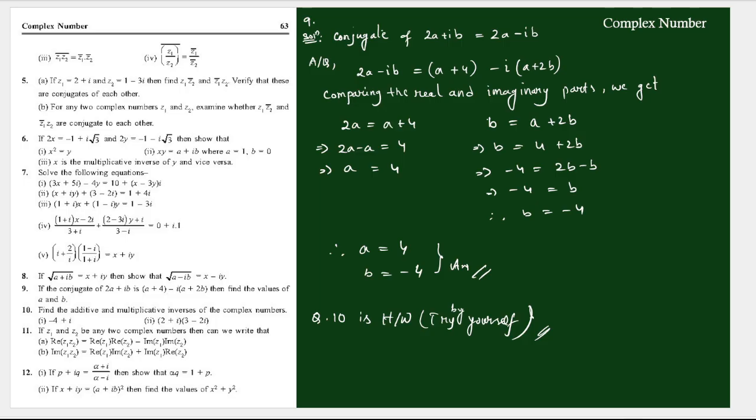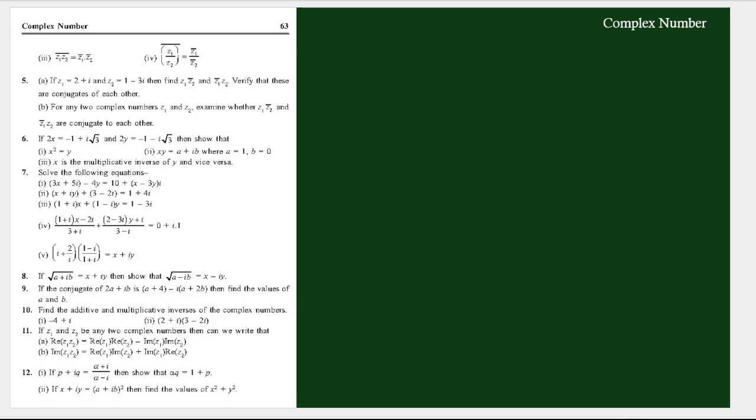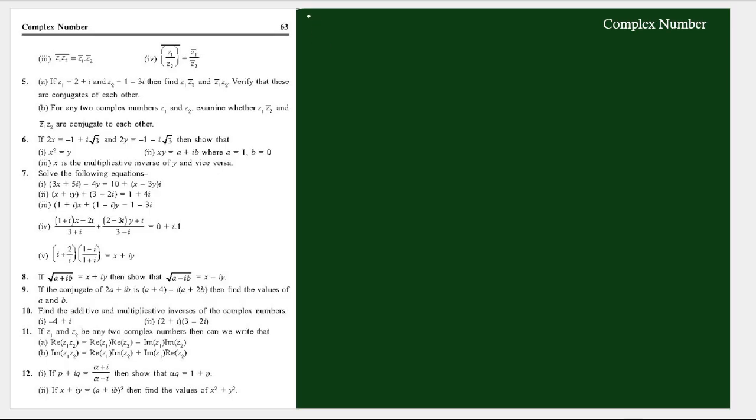Okay, let's do number 11. देखते हैं क्या निकल के आता है. So 11A. So let z1 equal to a plus ib and z2 equal to c plus id.